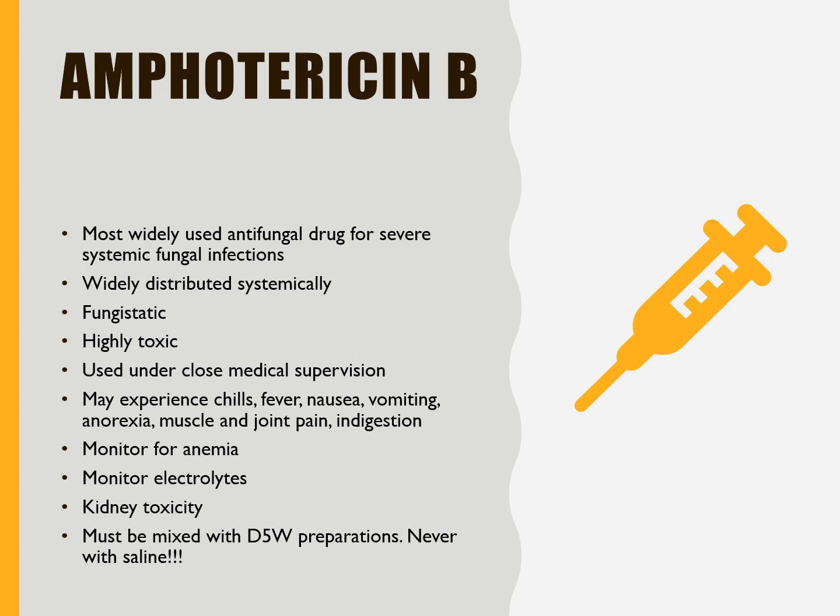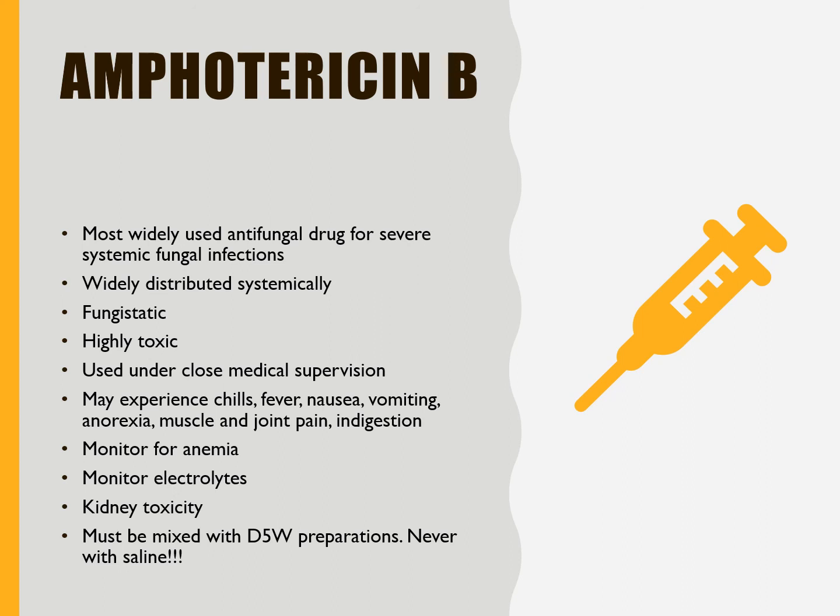Some adverse reactions associated with amphotericin B would be chills, fever, nausea, vomiting, anorexia, muscle and joint pain, and indigestion. Because hypomagnesemia and hypokalemia can occur, you would want to have this patient on EKG monitoring and be watching for changes.